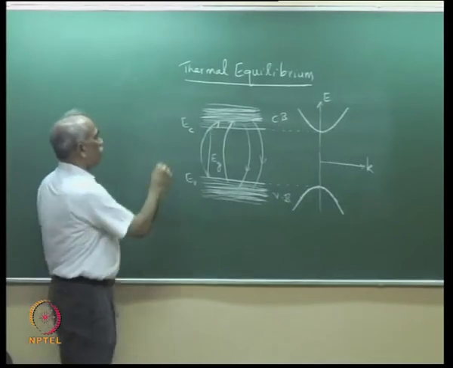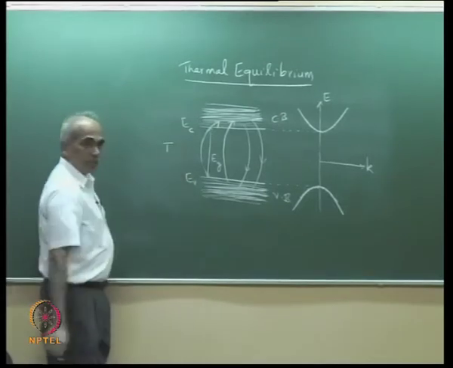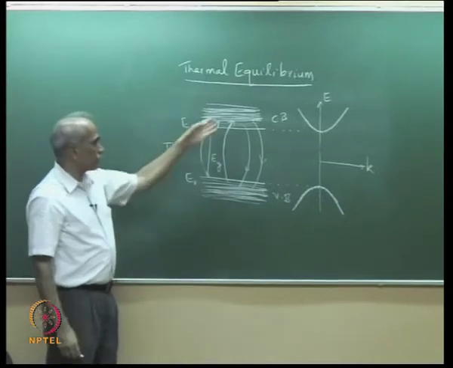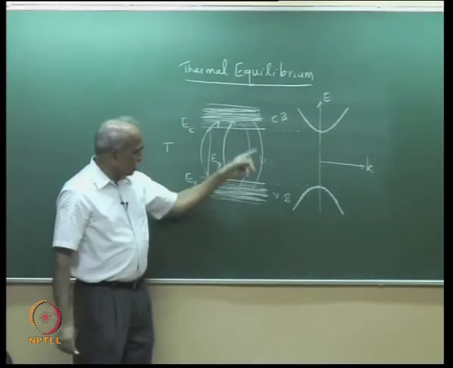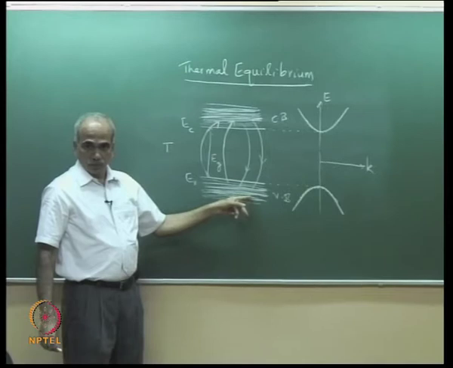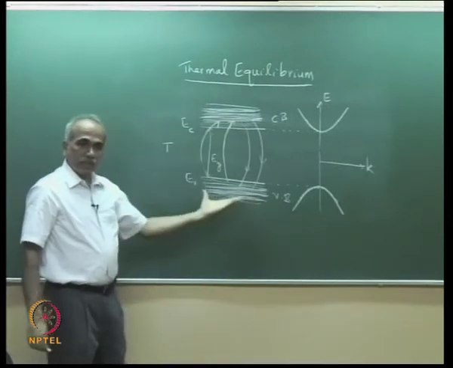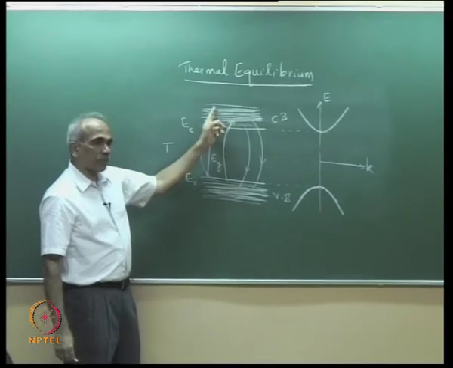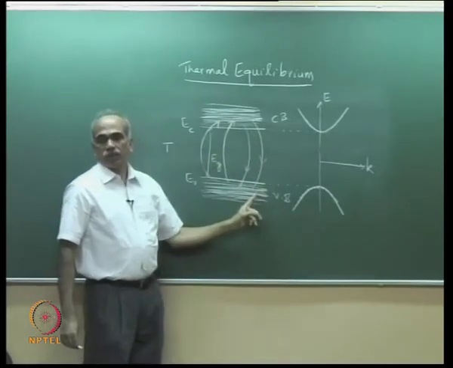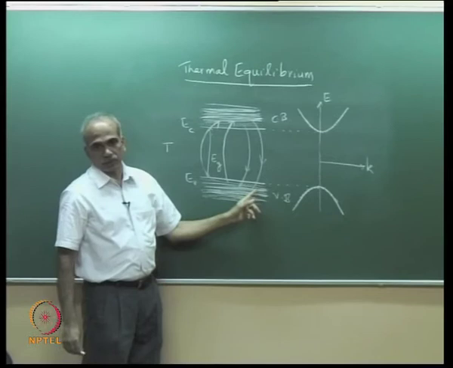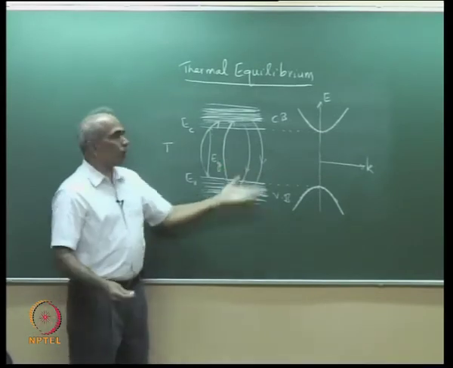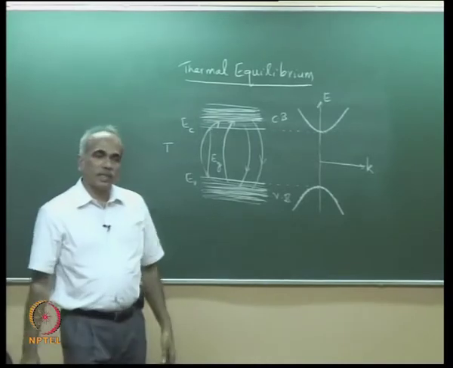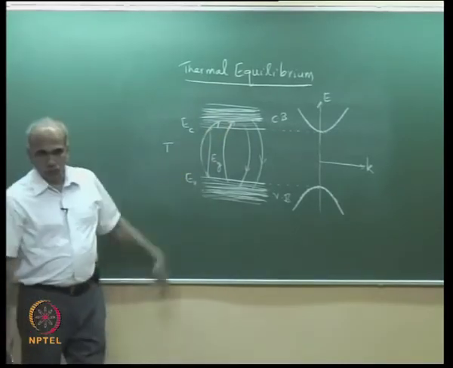At a finite temperature T, electrons are continuously getting excited to the conduction band, and also they are recombining with the holes. But there is a steady state. At steady state, the number of electrons making upward transition is equal to the number of electrons making downward transition. This is the steady state. It does not mean the electrons are stationary; they are continuously in a state of transition upward and downward.